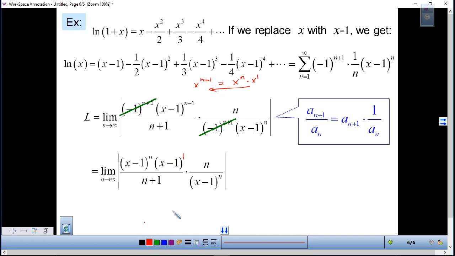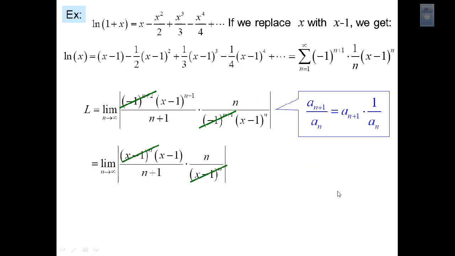Now, the reason we're doing this is because what do we notice about the x minus 1 to the n here, and the x minus 1 to the n here? Those will cancel out. Well, now we've done what? We've taken out this thing that was raised to the nth power, which makes this thing so much easier to deal with.